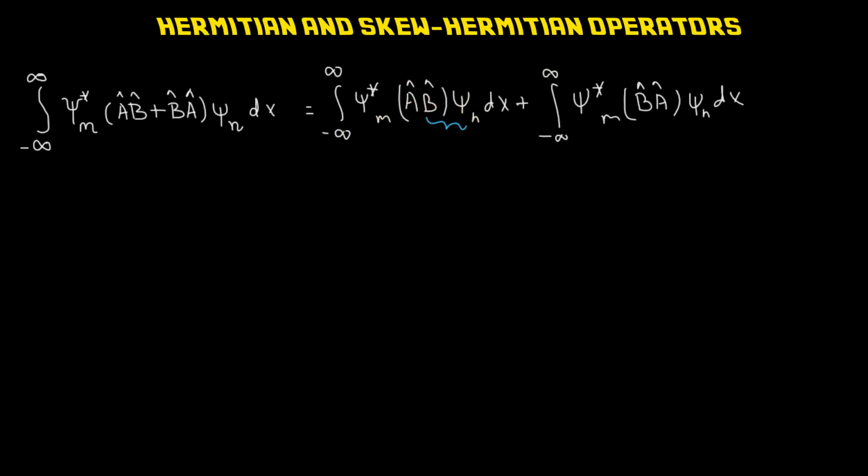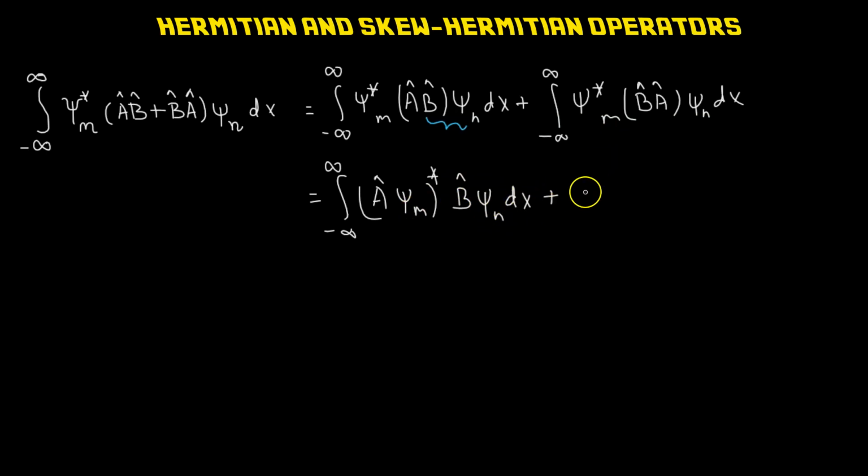This is the same as saying we have the integral from negative infinity to positive infinity of the operator A operating on psi m, and we take the conjugate. That's true because we have already mentioned that operator A is Hermitian in nature. So we can rewrite this in a particular fashion, multiplied by B psi n dx.